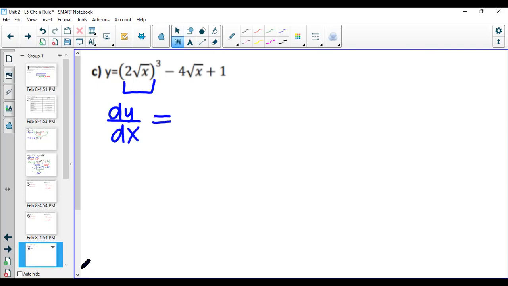I'm going to bring the positive 3 down. I'm starting off with power rule, chain rule. Chain rule that involves power rule first because it's the easiest kind. We're going to give you lots of examples over the next couple of days. So then I have my 2 root x to the power of 3.